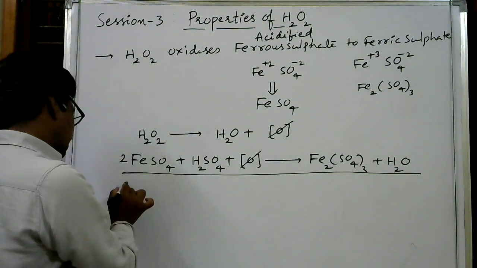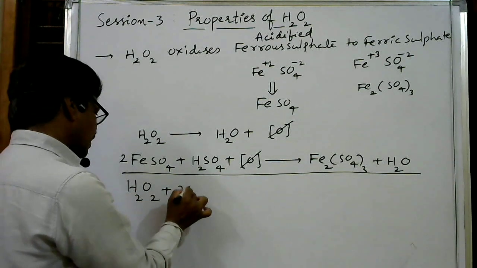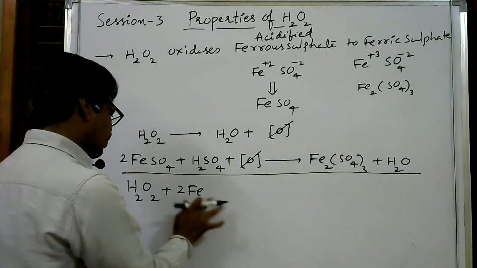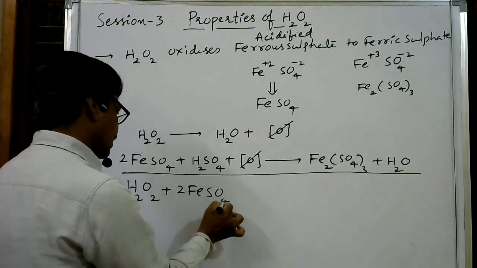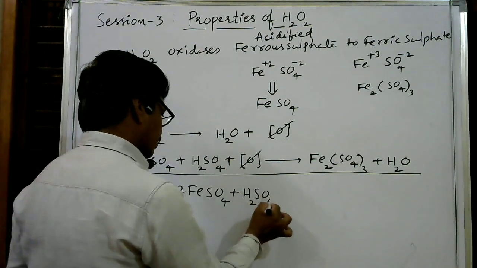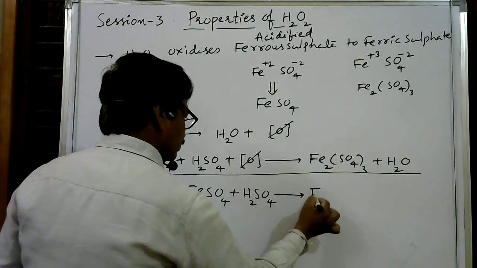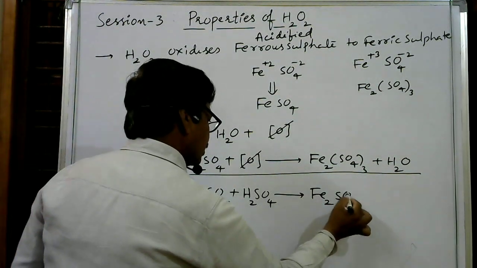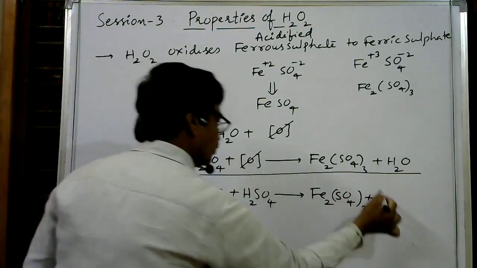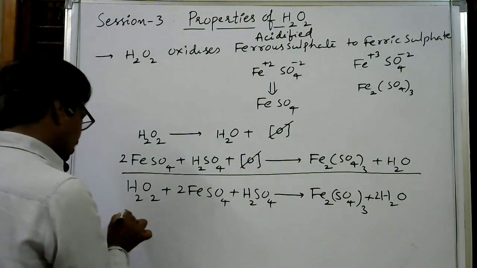So here H2O2 reacts with acidified ferrous sulfate, meaning 2FeSO4 plus H2SO4, to give Fe2(SO4)3 plus one H2O, and there one H2O, so a total of 2 water molecules. This is the net equation.